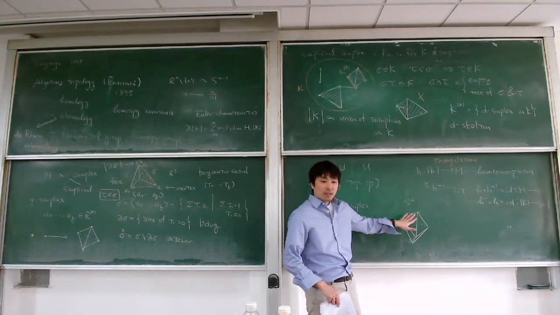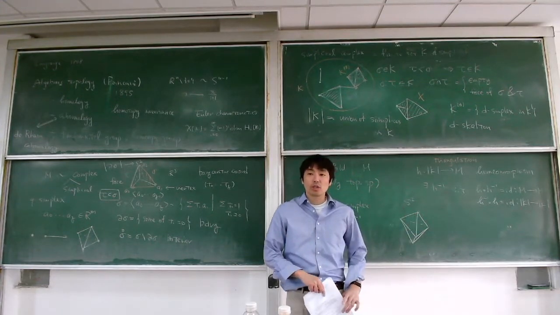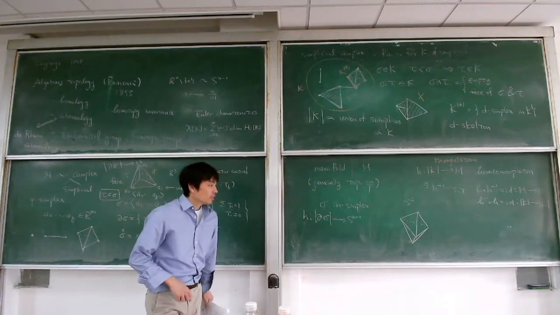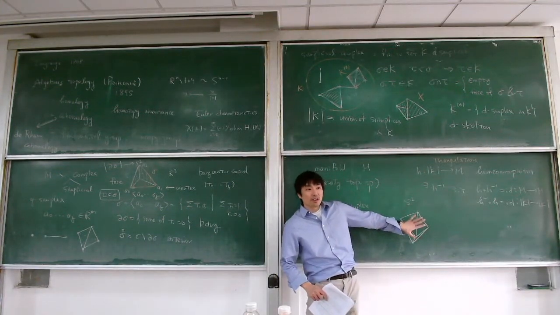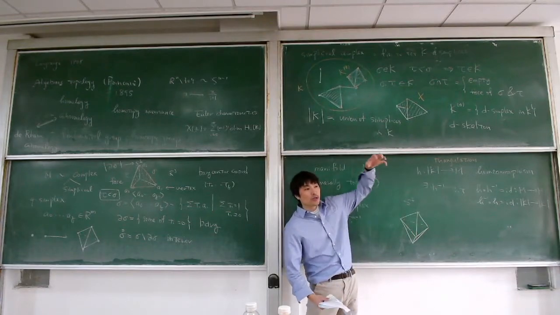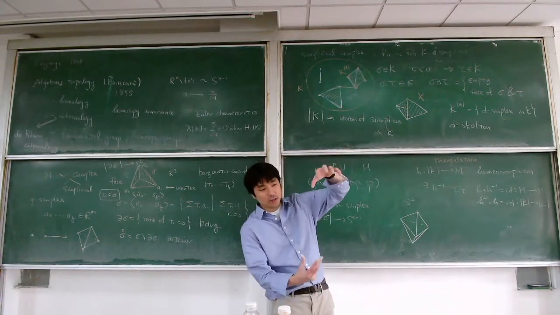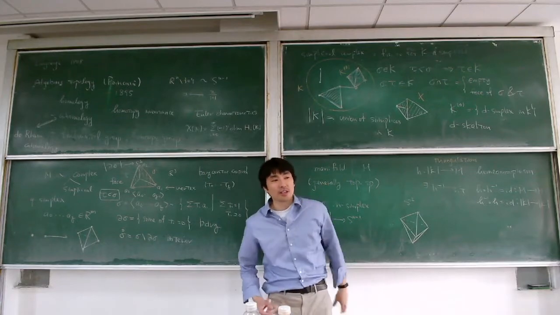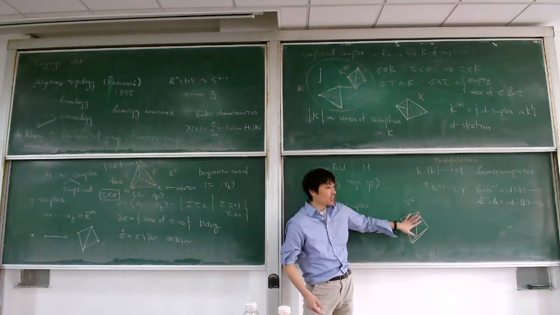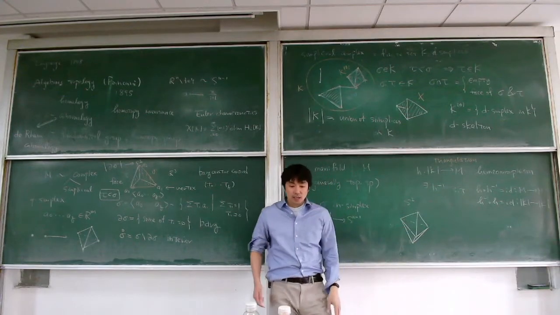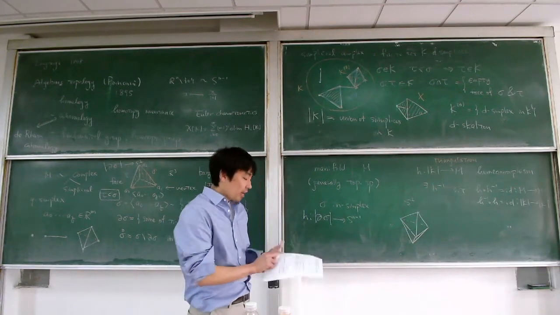Then you get another triangulation of S2. Do you understand what I meant? I no longer consider the interior. You just combine two tetrahedra and then forget about the inside. Then this is another triangulation of S2.